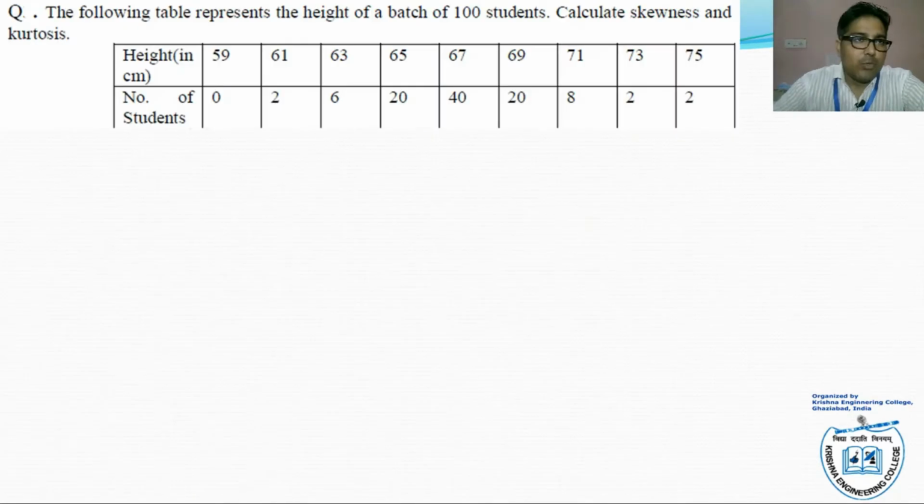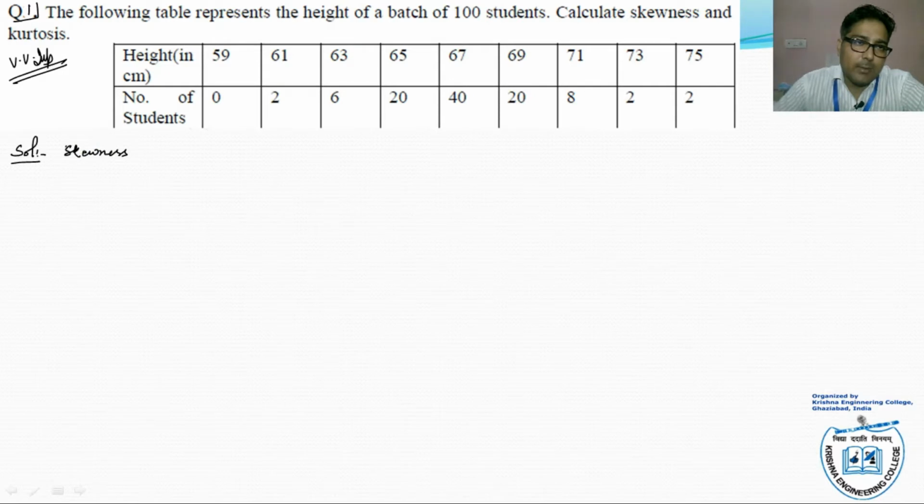Question first. The following table represents the heights of a batch of 100 students. Calculate skewness and kurtosis. This is a very important problem. Asked many times in your exam. So now we have to calculate skewness.